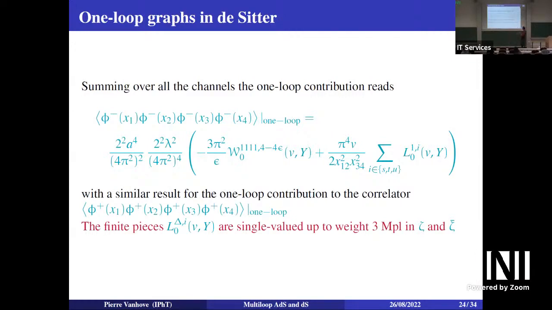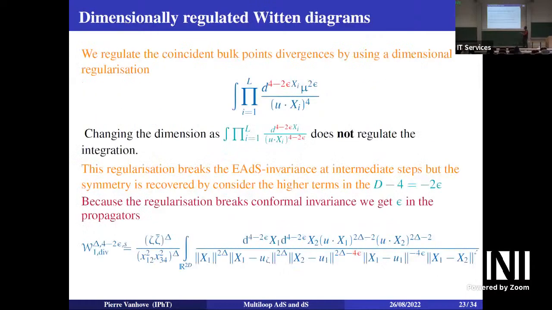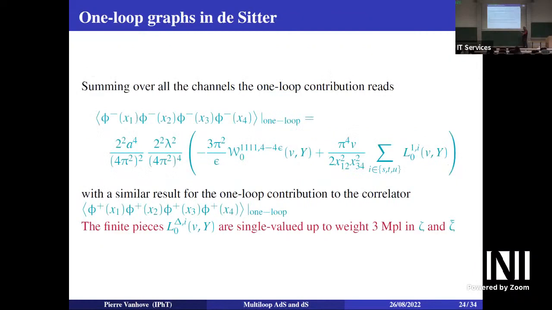That particular quantity, once I have dim-regged, is not conformal. But if you do the expansion, normally you would say that there should be a log of mu squared somewhere. In my log, I have the log of the cross ratio. My cross ratio is dimensionless, mu is dimensionful, so it's not clear where it would fit.